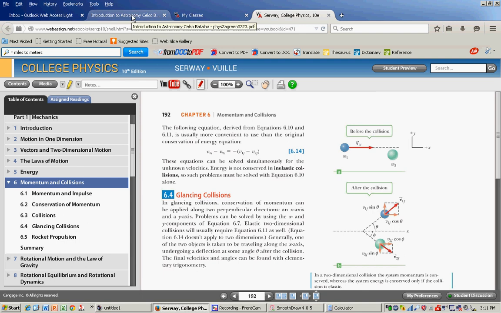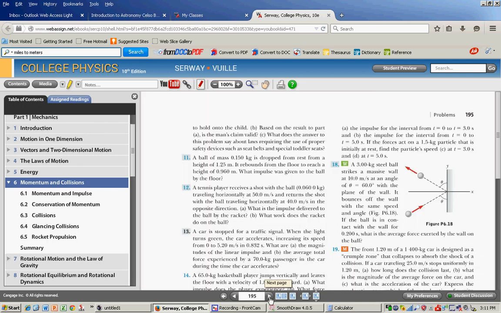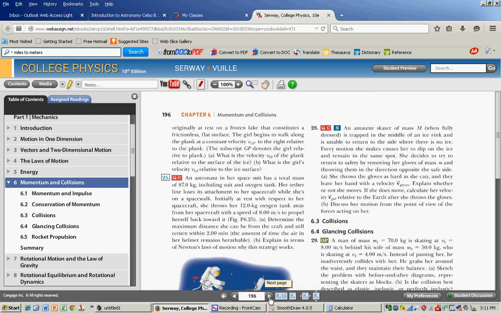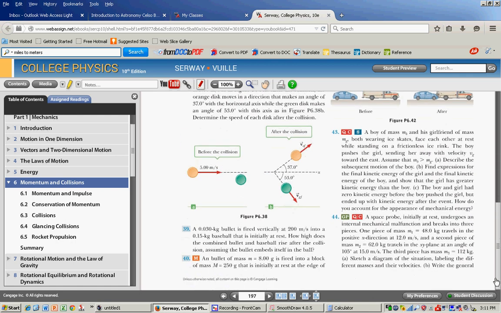So if you have elastic collisions in your problem sets, homework, or exams, what I recommend is always using your conservation of linear momentum equation, which has been done so far, and this other handy-dandy equation. So let's see if I can find a problem so we can try to solve it.